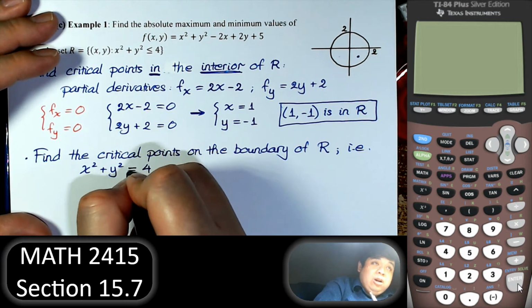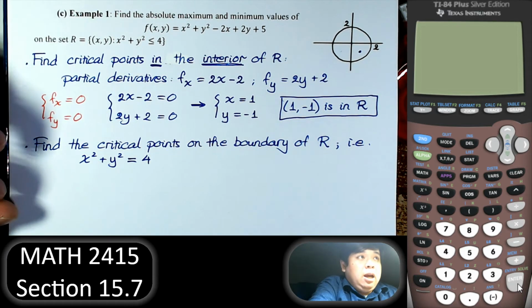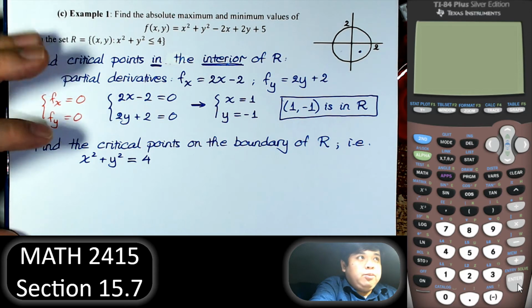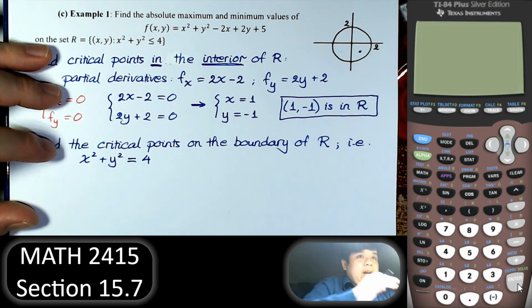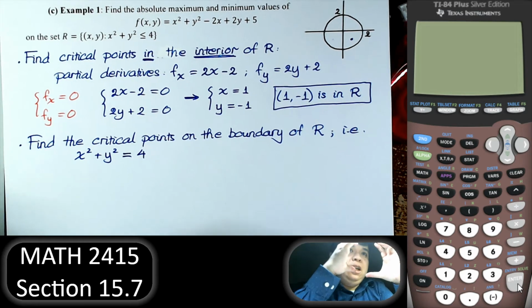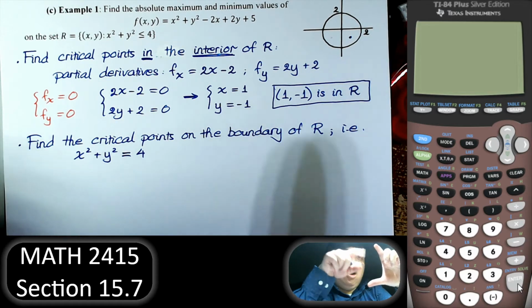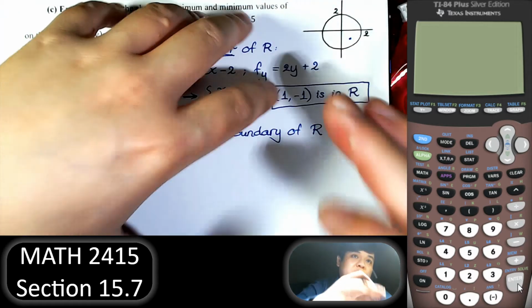Equal to, when we talk about the boundary. What can we do? Notice the boundary of a disk is a one-dimensional object, right? So we're talking about the circle, not the whole disk.